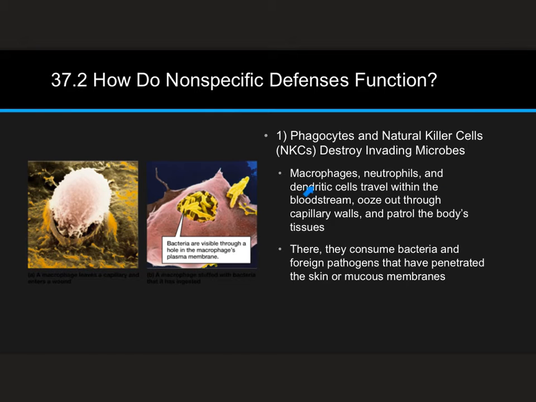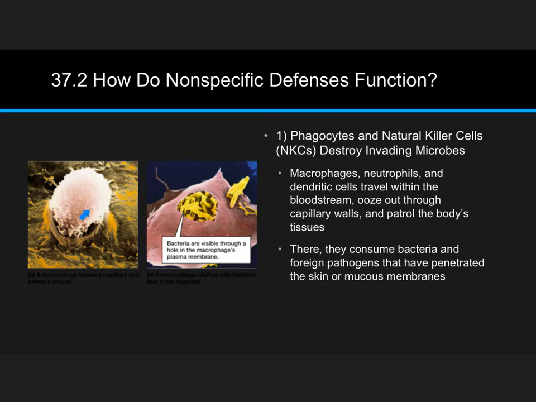So what do these cells do? Macrophages, neutrophils, and dendritic cells travel within the bloodstream. They're going around in your blood vessels and capillaries, and ooze out through capillary walls and patrol the body's tissue. So if you get an open wound or a cut that cuts through, say, a capillary, your macrophage is going to exit that and start looking for pathogens that come in. It's not looking for anything in particular.